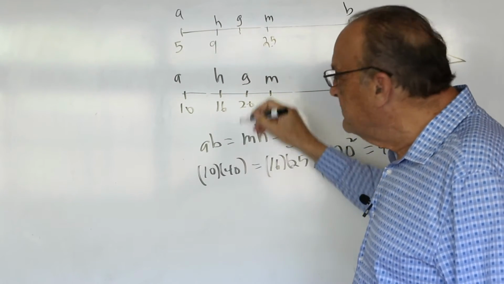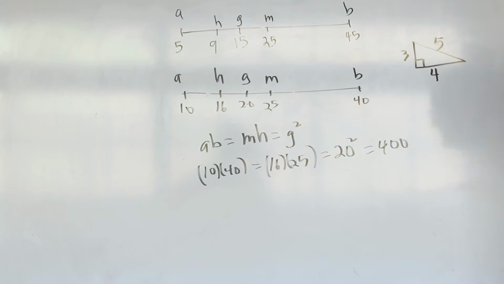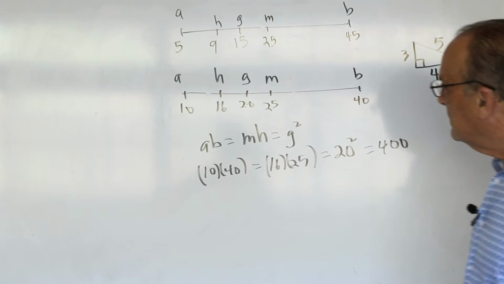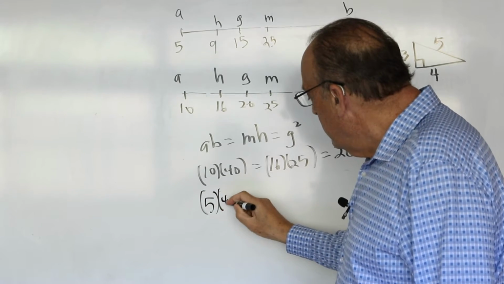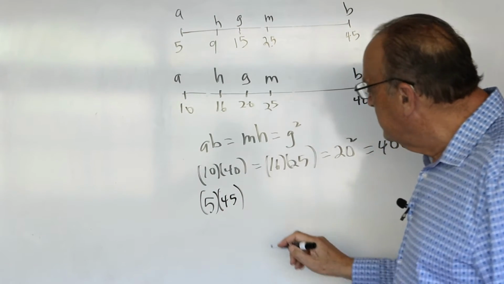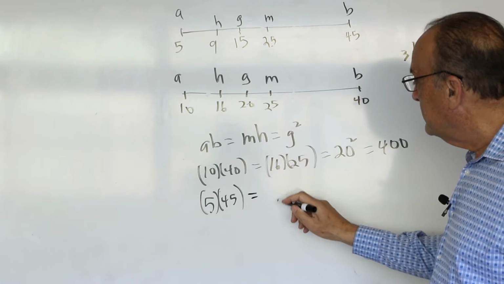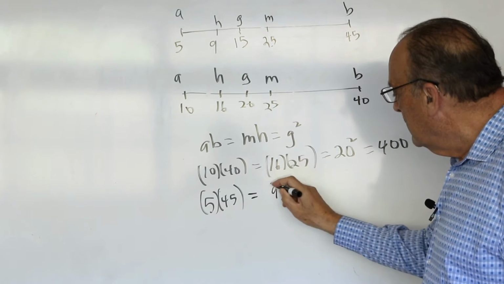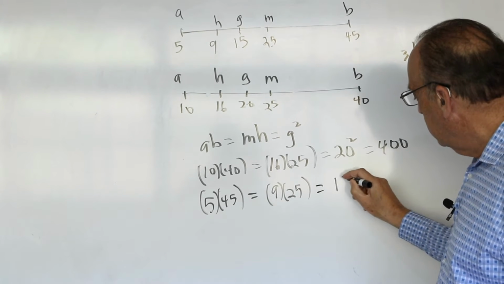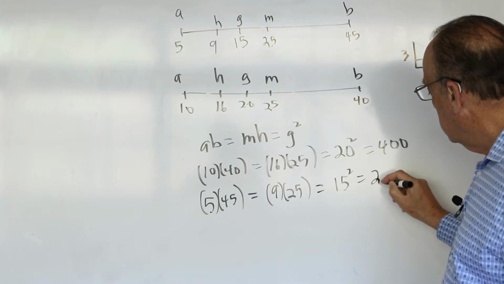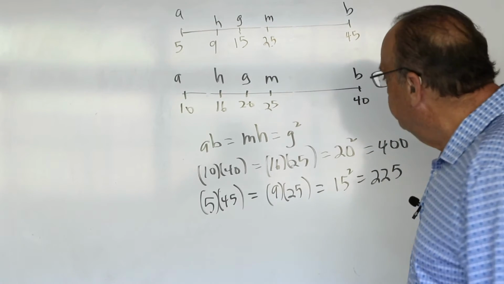And 225 is equal to 15 squared. So that's another example. And we also get a nice series of equalities. So I'd like to show you where this comes from.